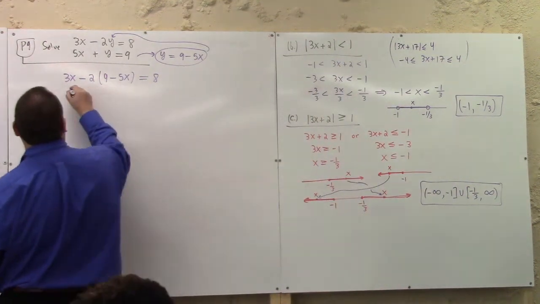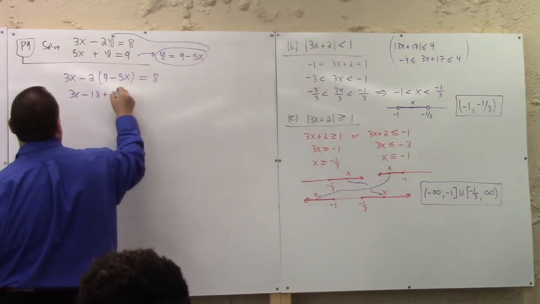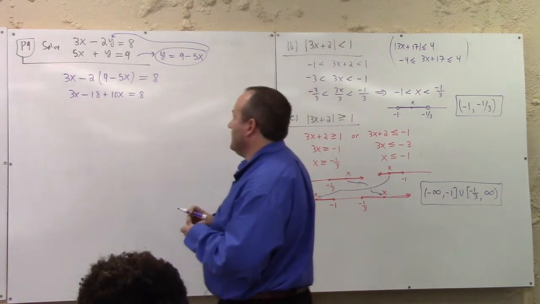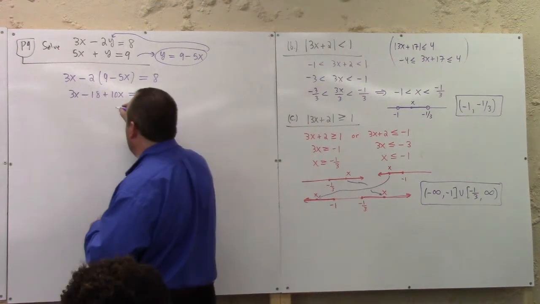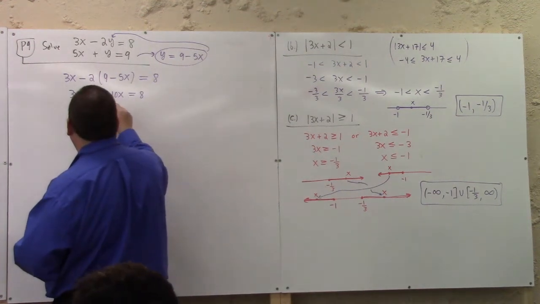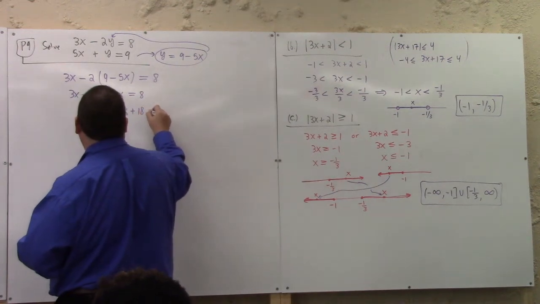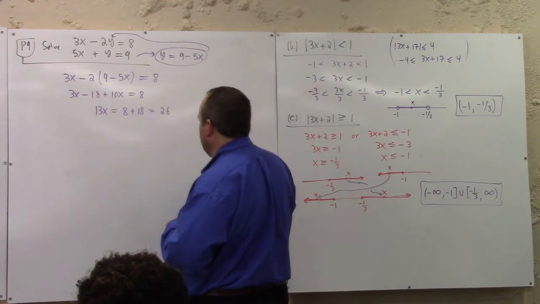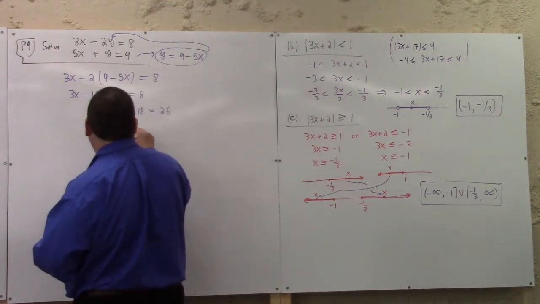We got 3x minus 18 plus 10x equals 8, which gives me 13x equals 8 plus 18, which is 26, right? So x is equal to 26 over 13, which is 2.